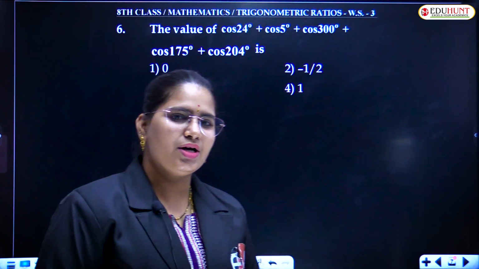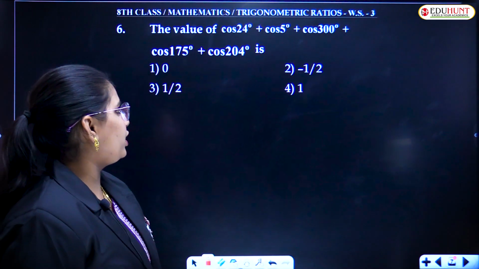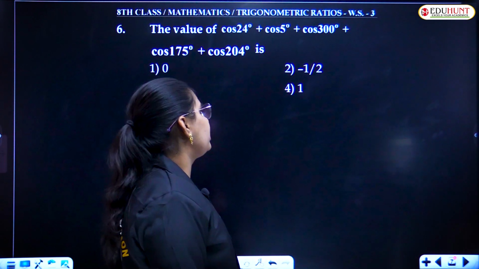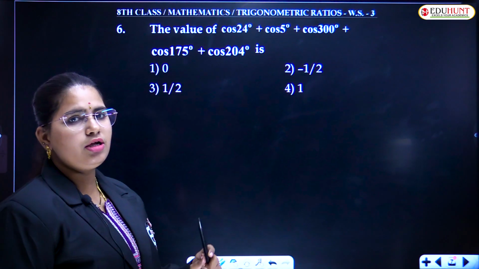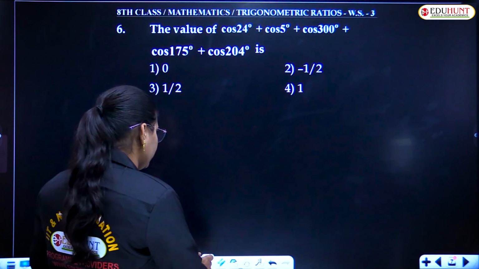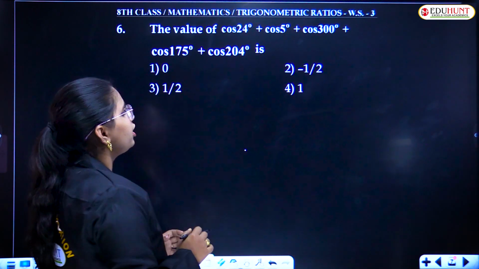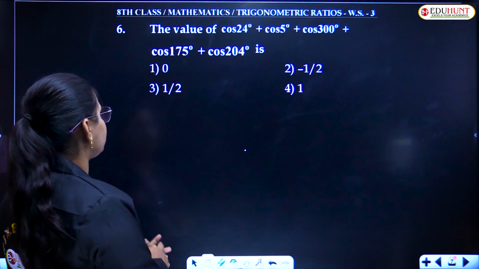So the value of cos 24 degree plus cos 5 degree plus cos 300 degree plus cos 175 degree plus cos 204 degree. This is my first question, right? Let's check this.